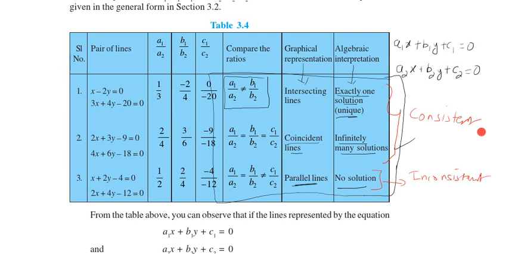Inconsistent will be only in the case where you have no solution. So you are absolutely correct that it is consistent, not inconsistent. Any other thing you want to say?